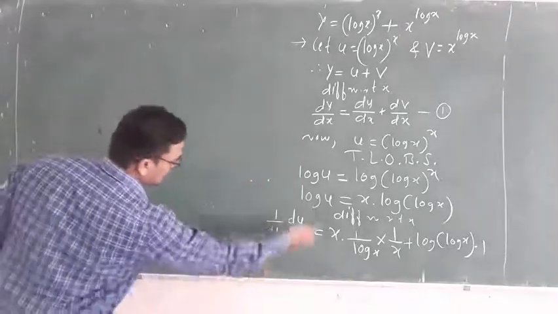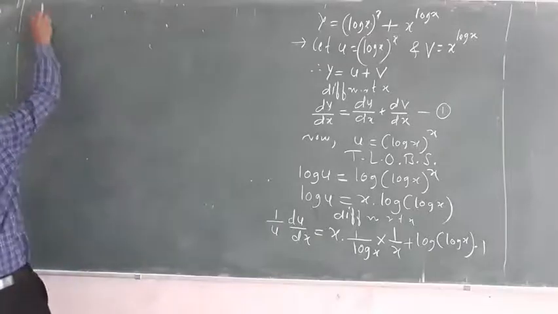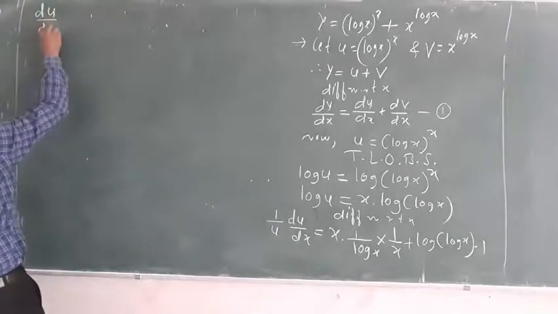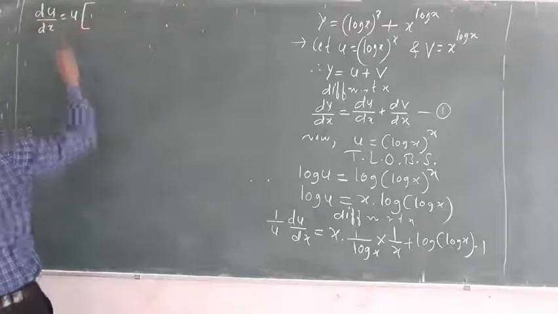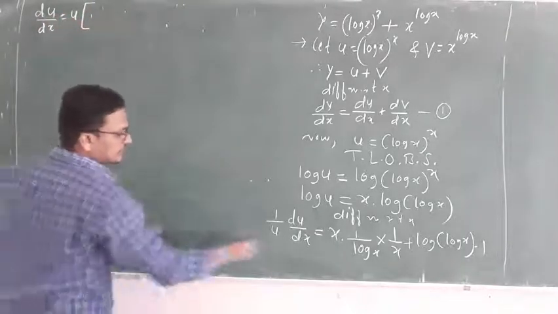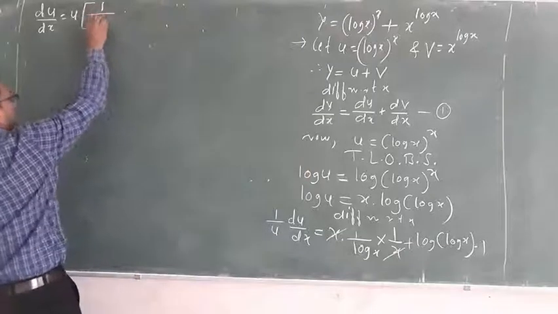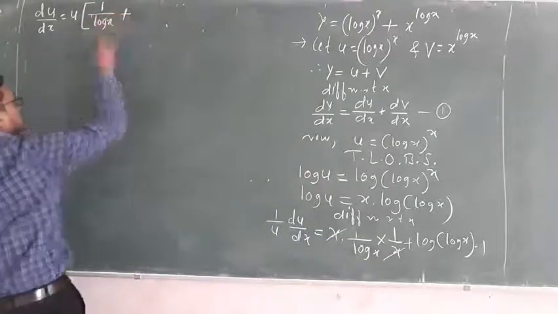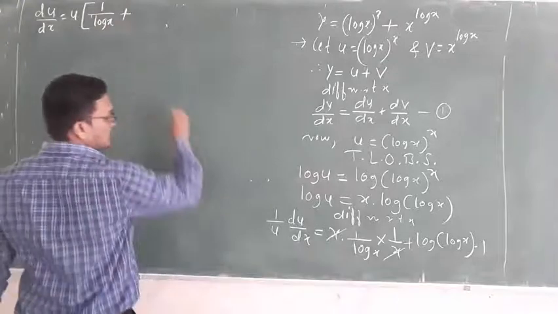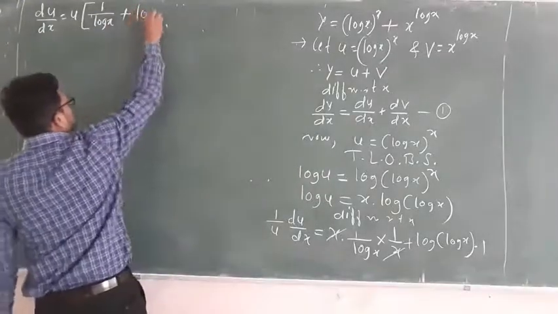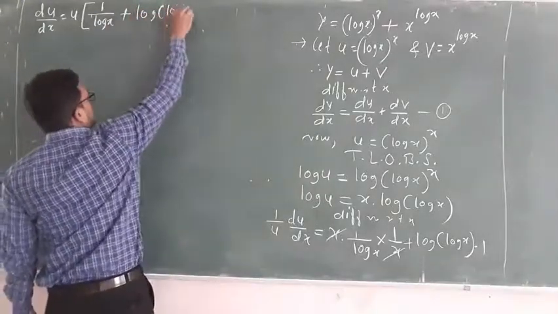So this u you have to transfer, it will multiply. So du by dx is equal to u into, so this x and this x get cancelled, left with 1 upon log x plus log of log x.